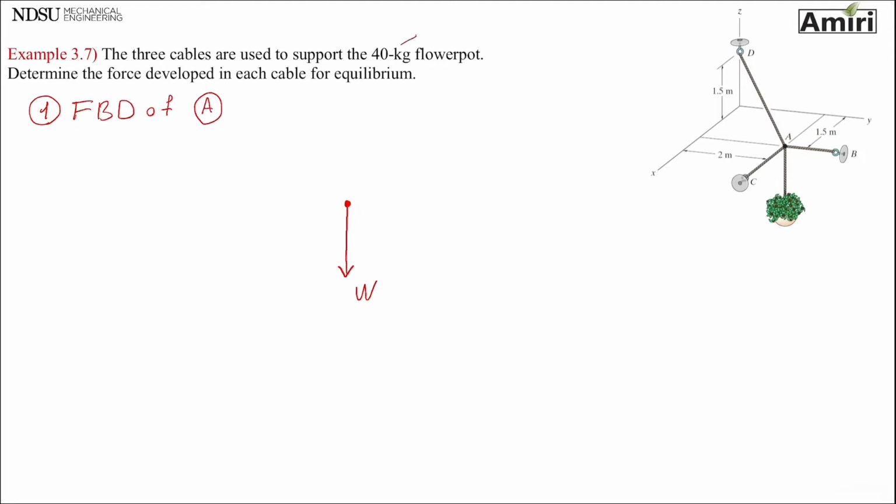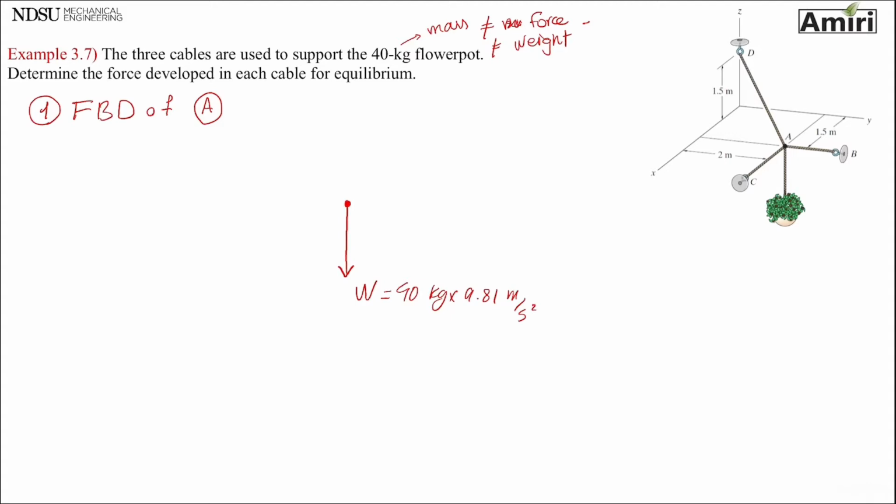Again, this is mass, which is not a force, and it is not weight. So pay attention, weight is a force, which is 40 kilogram multiplied by 9.81 meter per square second, and that will give us newtons.